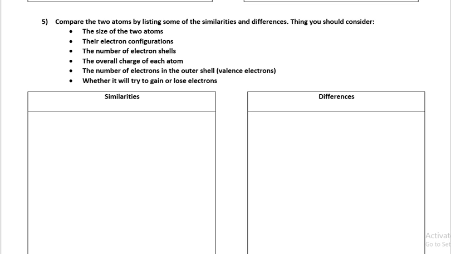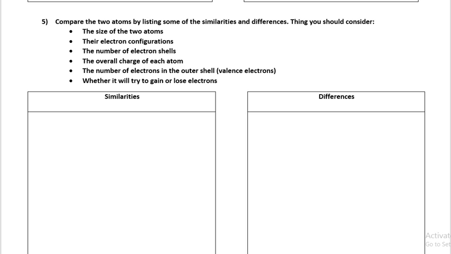They're a similar size. One has a larger nucleus, but they're a similar size because they have the same number of shells. Their electron configurations, they both have 2 electrons in their first shell, but they have a different number of valence electrons in their outer shell. Fluorine has 7 in its outer shell, beryllium only has 2.